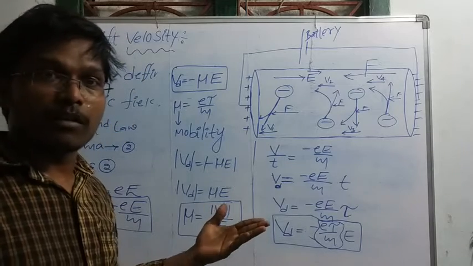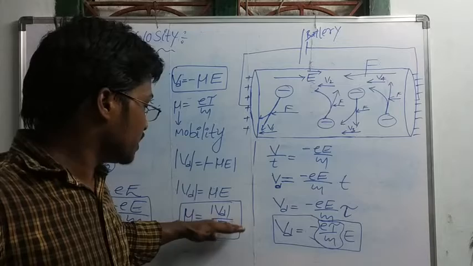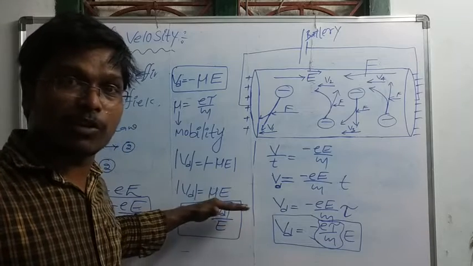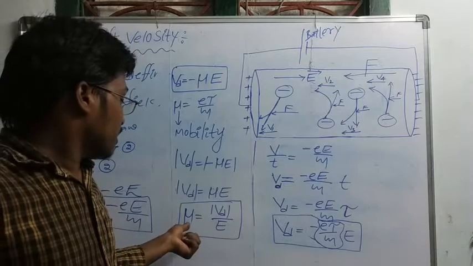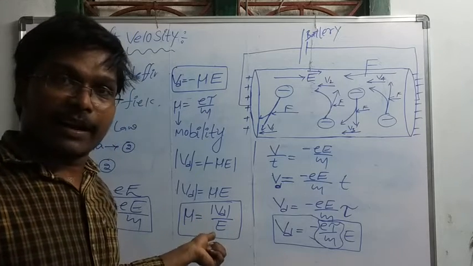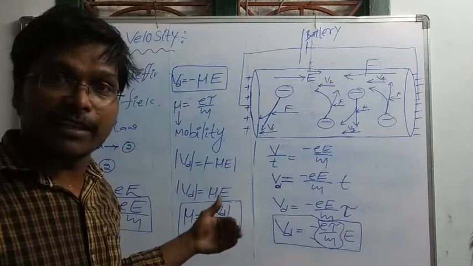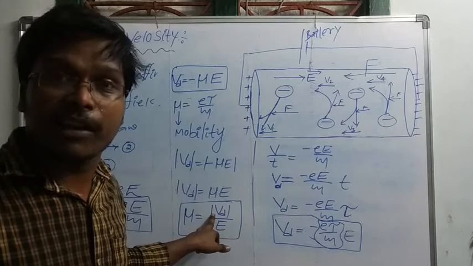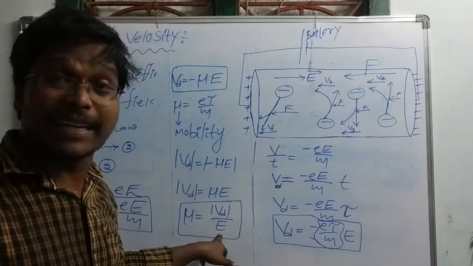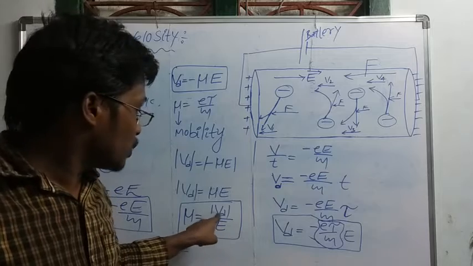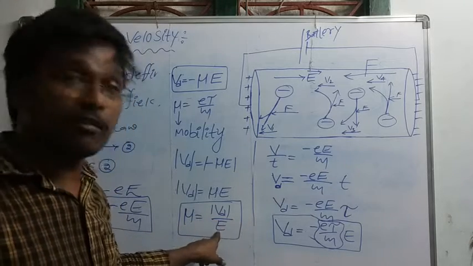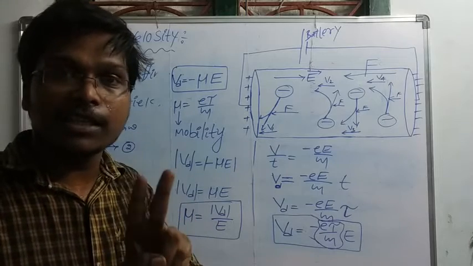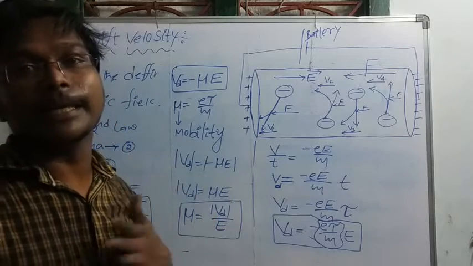That is one definition. Another definition is that mobility is defined as the magnitude of drift velocity per electric field. These are the two definitions of the mobility.